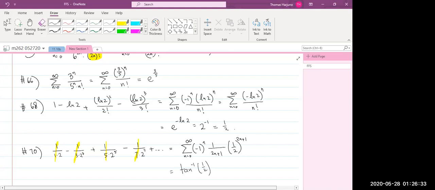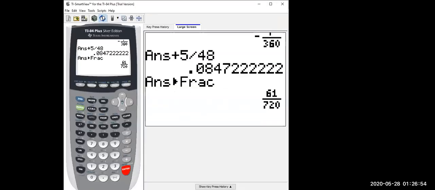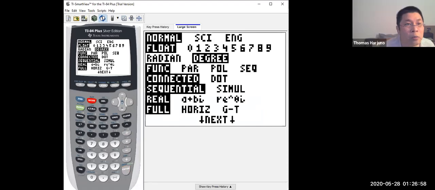Okay. Tangent inverse of 1/2 is... my calculator happened to be in degree mode. I need to change that. Let me see the mode. Yeah, it has to be in radian mode.